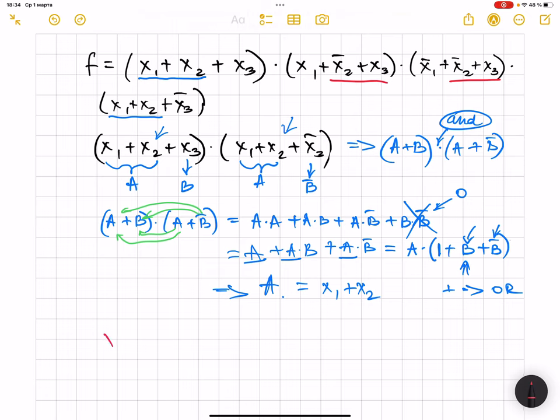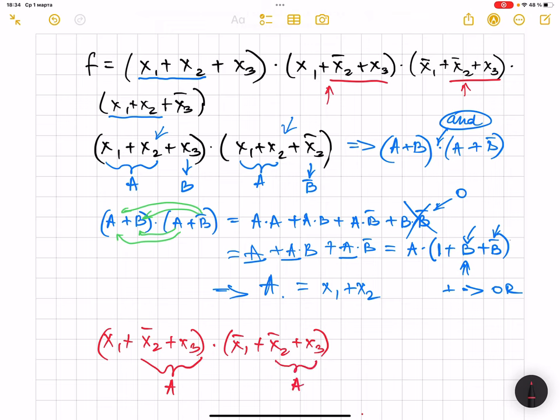Okay, so if we consider the second two brackets, what happened? x1 plus x2 plus x3 multiplied by x1 bar, x2 bar plus x3. Here, as you see, x2 bar plus x3 is going to be a, x1 is going to be b, and x1 bar is going to be b bar.